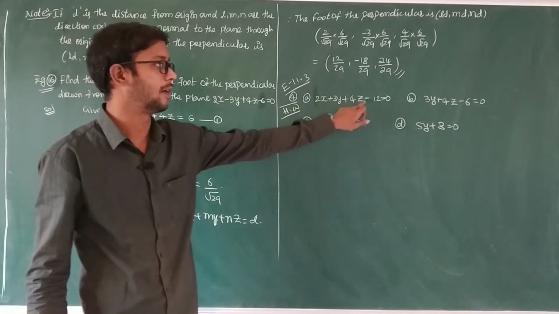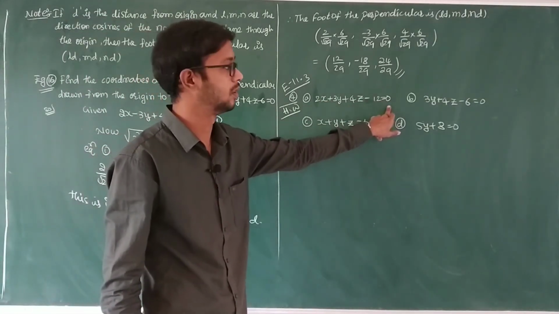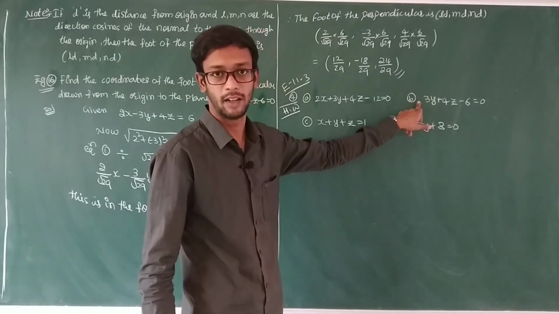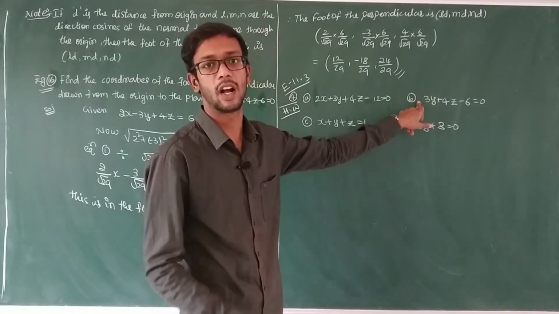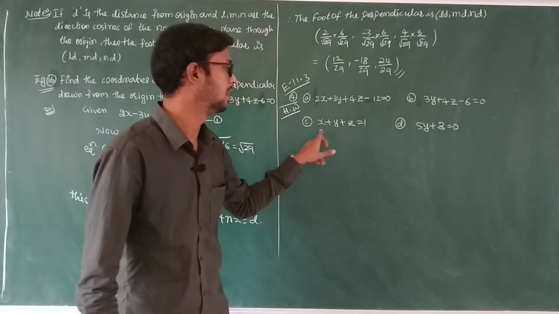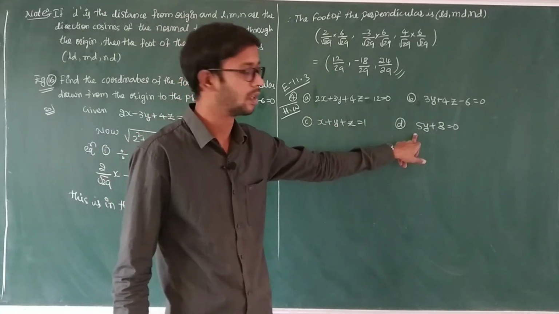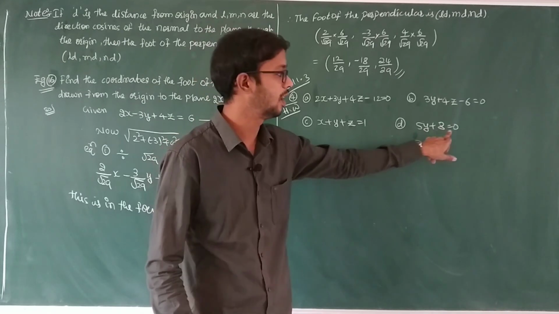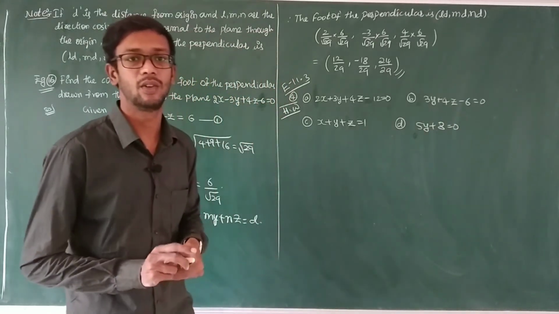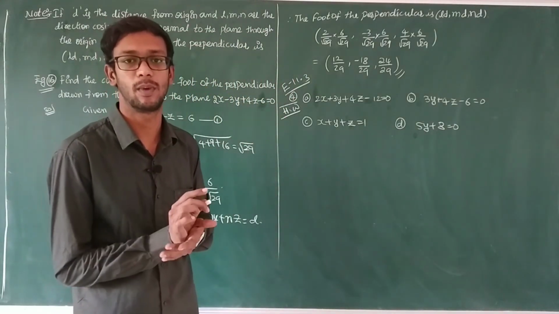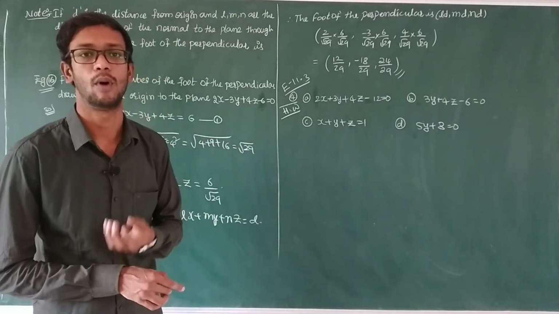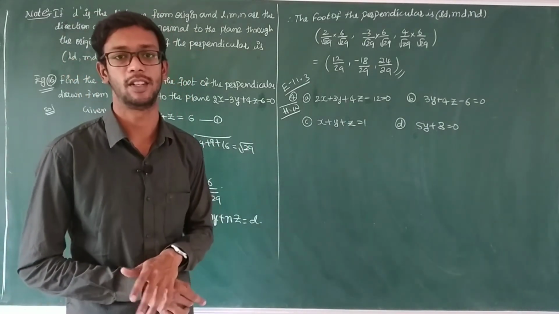So here, send the 12 to that side. Next here, send the 6 to that side. Here there is no x, so you have to take 0x compulsorily. This one, no problem: 0x plus 5y plus 0z equals minus 8. Actually, distance is always positive, but here we are finding a point. A point may be negative or positive.